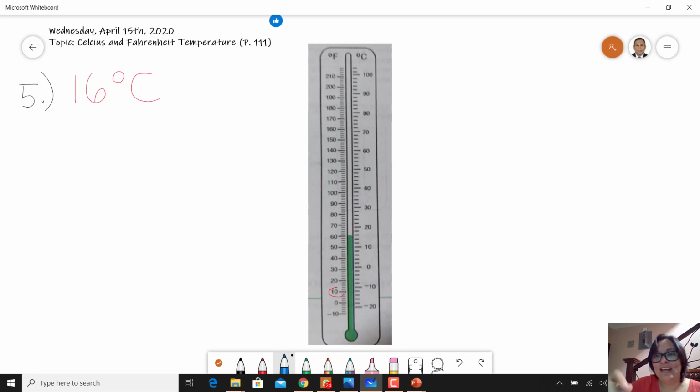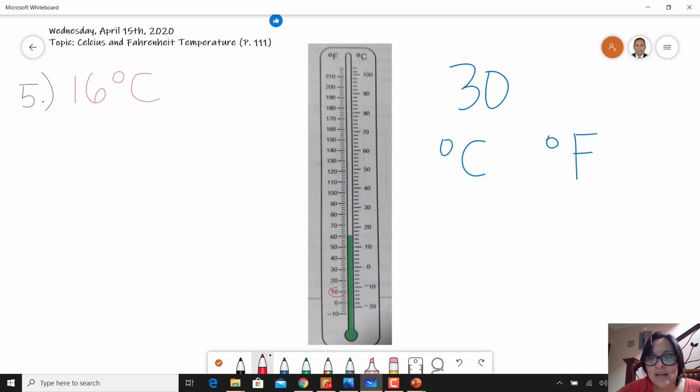It has to be a sunny day. Let's look. Where do we have Celsius degrees? 30 Celsius degrees is in here. And 30 Fahrenheit degrees is in here.